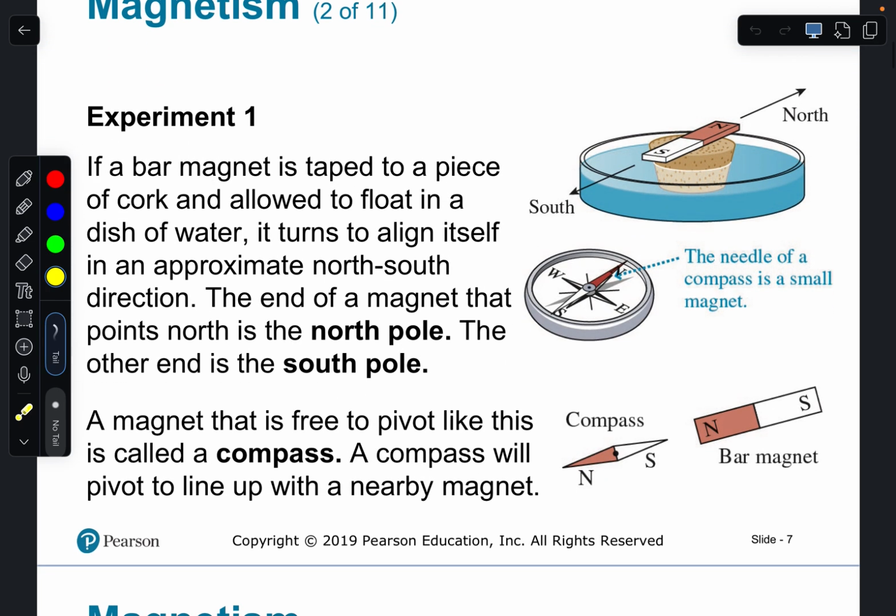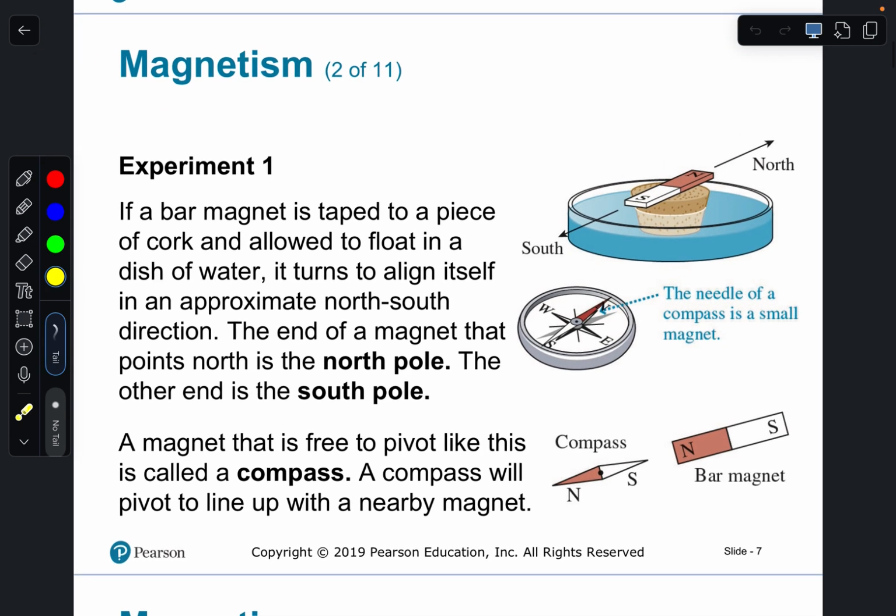The first experiment uses a bar magnet, and you let it float in water so that there isn't any friction. If you bring a compass nearby, you find that the compass needle will align in the same direction as the north pole of the magnet.